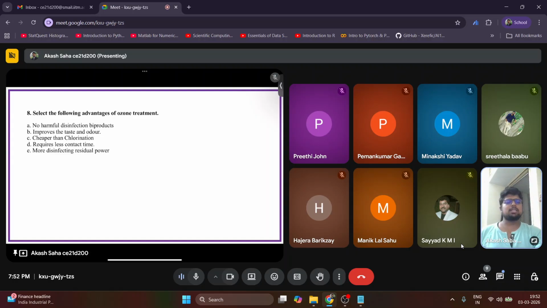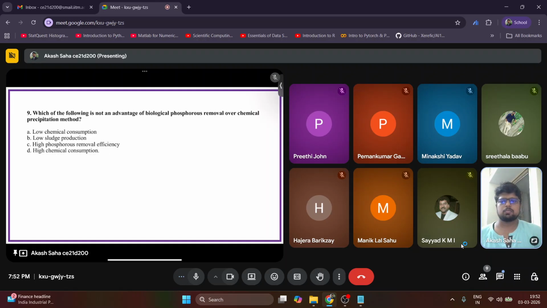Then it requires less contact time. That is also true because the disinfection power is more. If power is more, then contact time will be less for the same amount of disinfection. Then it doesn't have residual power. So options A, B and D are correct.